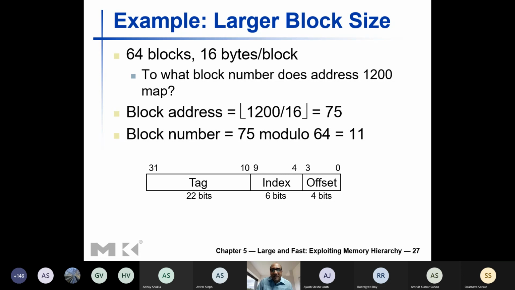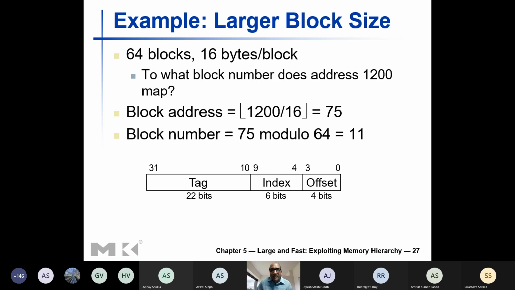Yes, exactly. 4 bytes equals 1 word. Therefore the most significant 30 bits indicate the word address when a CPU generates 32 bits, because the last 2 bits indicate which byte within the word, the least significant 2 bits.